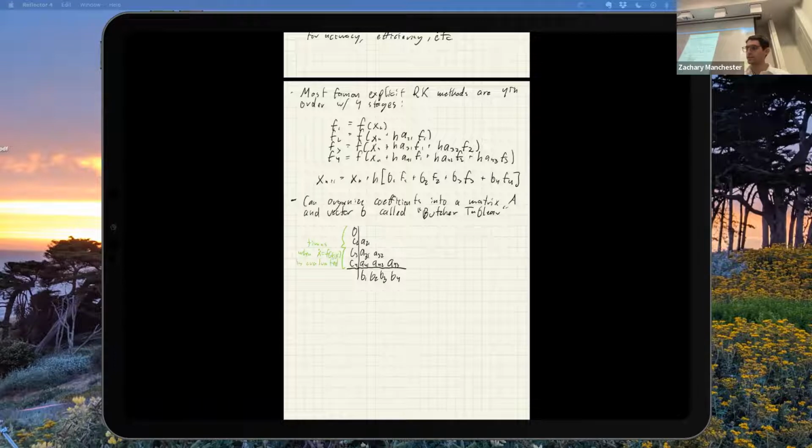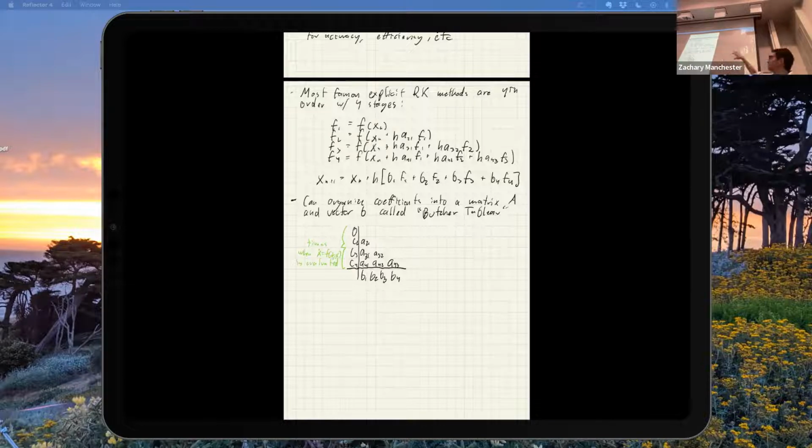Okay, fun question. We talked about how this thing is explicit, which means you're only using previous Fs to evaluate the current F. If it's implicit, you can use any Fs at any time, but then it's a root finding problem. Looking at this Butcher tableau, you have this matrix A, this vector B, and this vector C, which we're not going to really use.